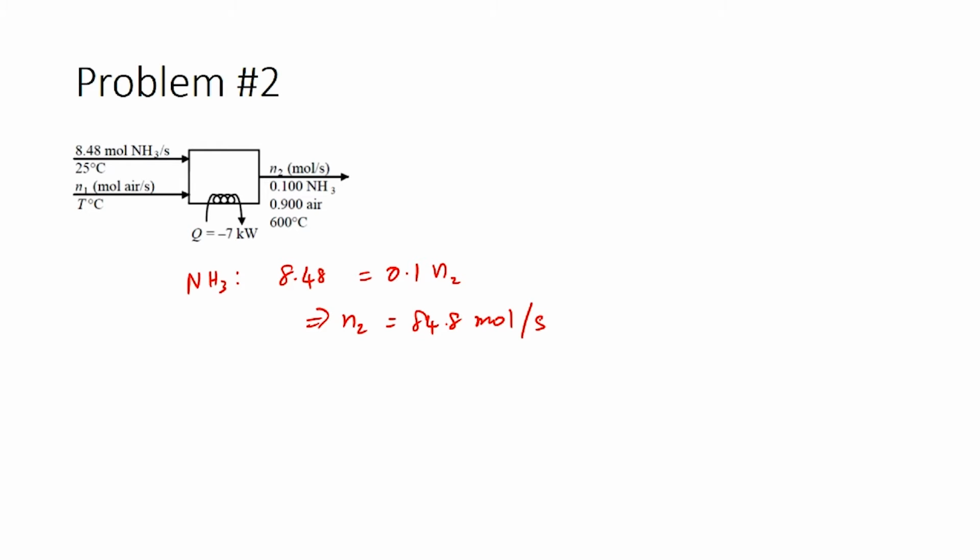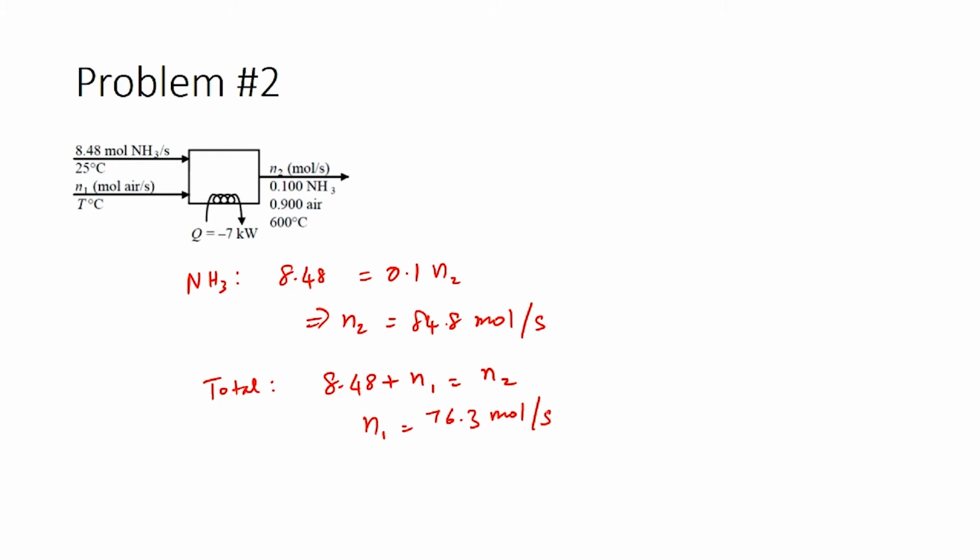Now that we have N2, we can write an air balance or a total balance and get N1. So, the total balance is 8.48 plus N1 equals N2. We already know N2, so we can calculate N1 as 76.3 moles per second.